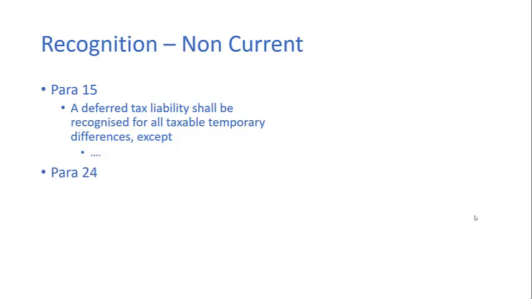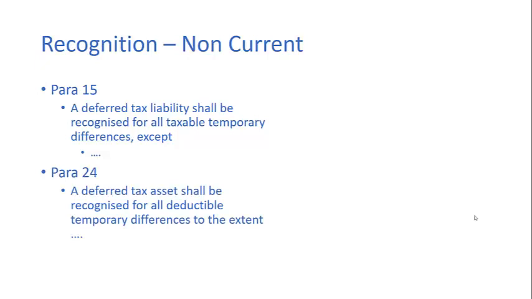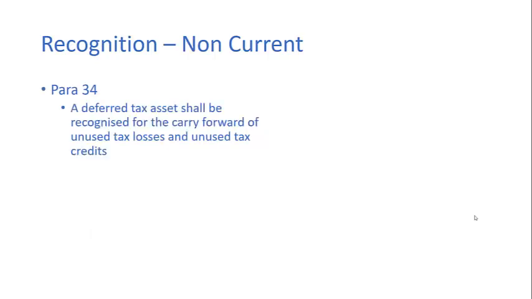The converse applies for deferred tax assets, where you've had to pay tax and you get a tax deduction later on, that creates a deductible temporary difference, and in those circumstances you recognise a deferred tax asset. You're also able to recognise a deferred tax asset where you have tax losses which are unused and can be carried forward.